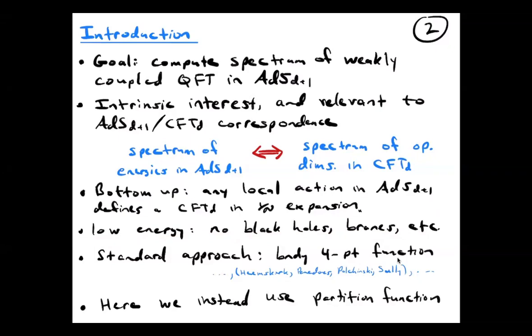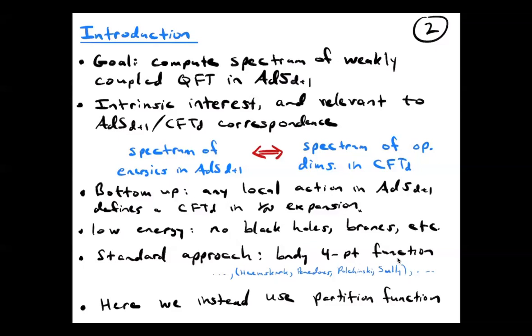This is a very well-known problem, and there's a lot of work on it in the context of AdS/CFT. The standard approach to working out the spectrum is by expanding boundary correlation functions, say a 4-point function.